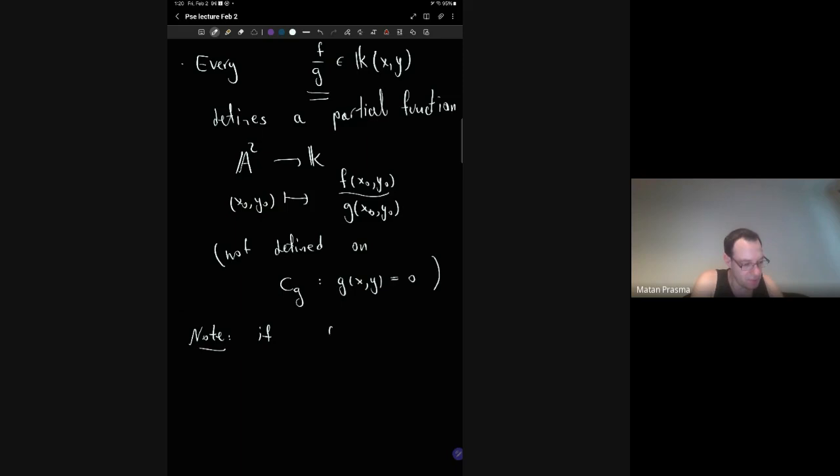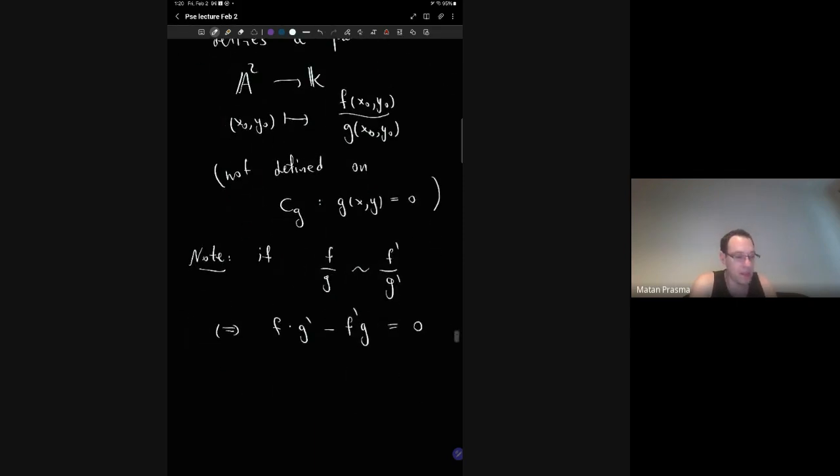Let's say f modulo g is equivalent to f prime modulo g prime, and this of course means that f times g prime minus f prime times g is equal to the 0 polynomial.